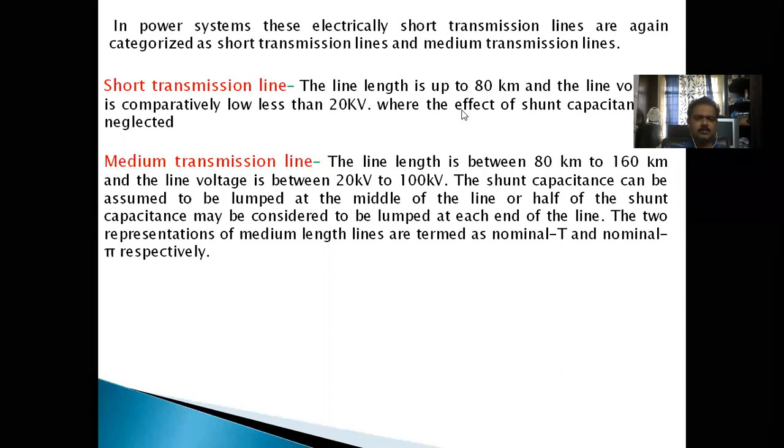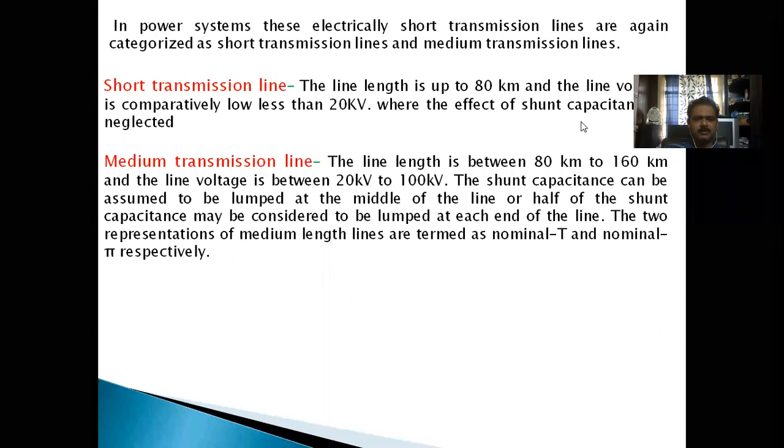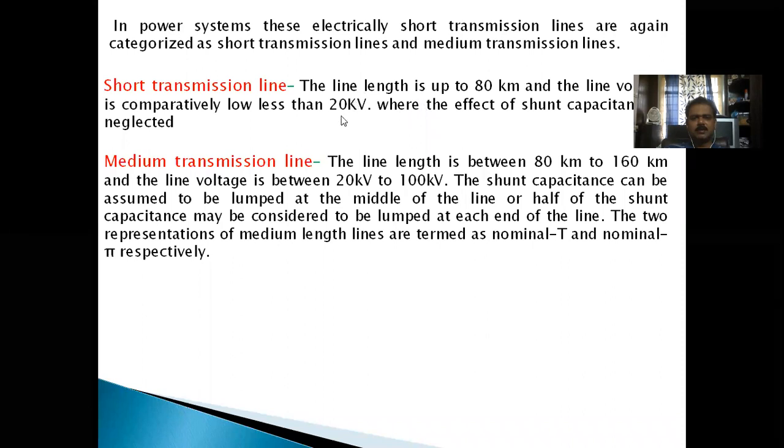So only the series elements are considered. Whether we consider the shunt values or eliminate them, we get almost the same regulation and efficiency values. That's why we can neglect the shunt elements and, using just resistance and inductance, evaluate the performance of the short transmission line.